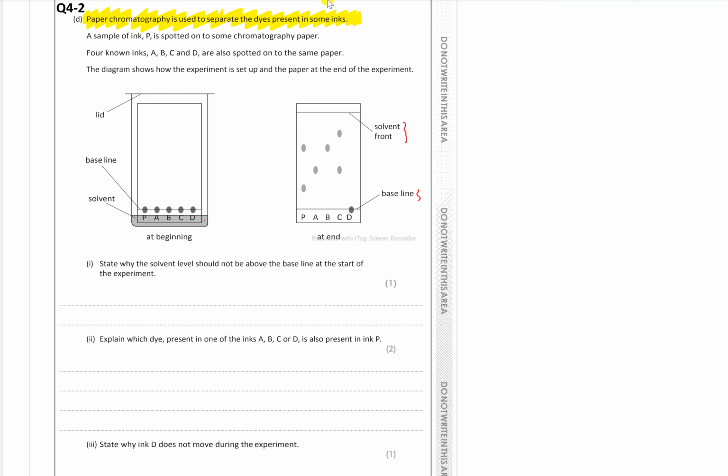Have you noticed that the solvent line here is below the baseline and below the inks? That's how you don't spoil it. That's the lid, to stop everything evaporating off.